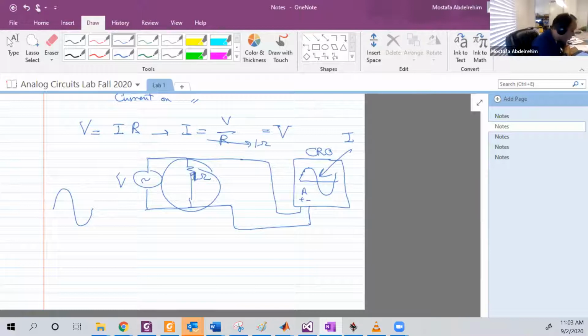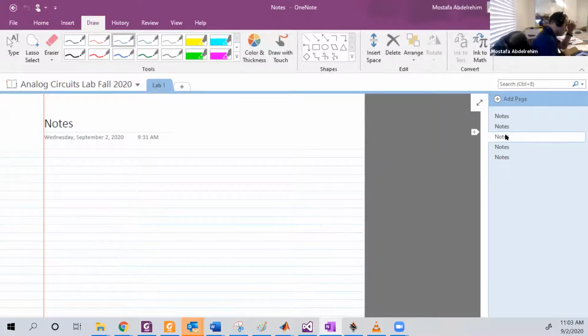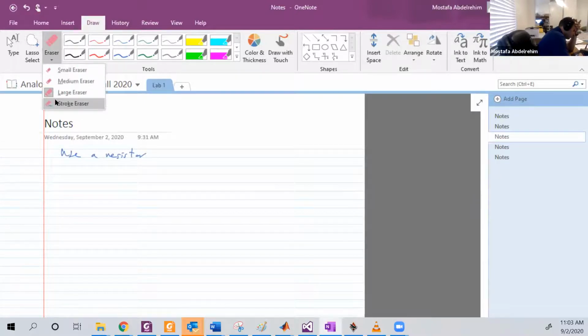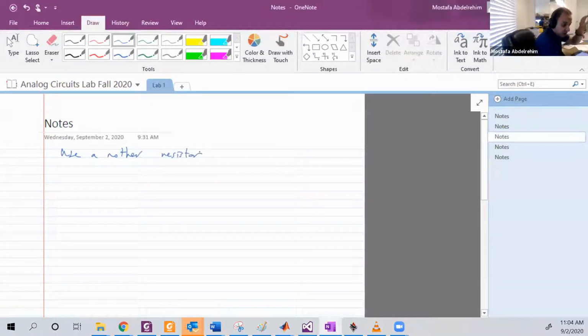Good. Now, how are we gonna use this trick in order to do our experiment, or in order to draw Ohm's law on the screen of the oscilloscope? Okay. So let's do another one. What we're gonna do is to use another resistor, other than the one that we are interested in.